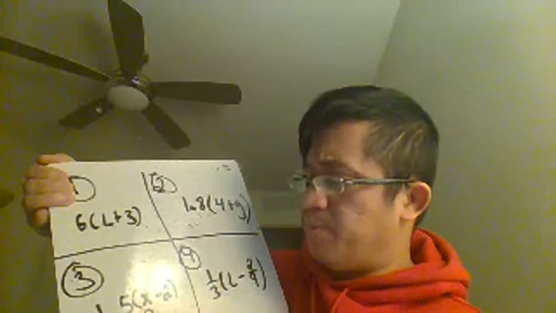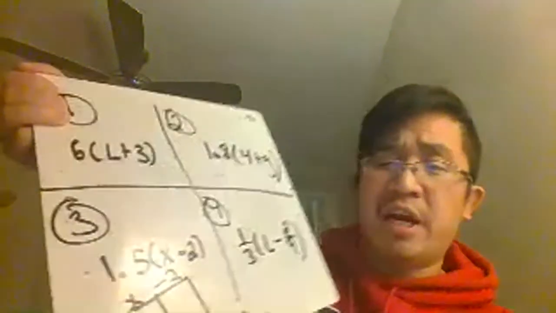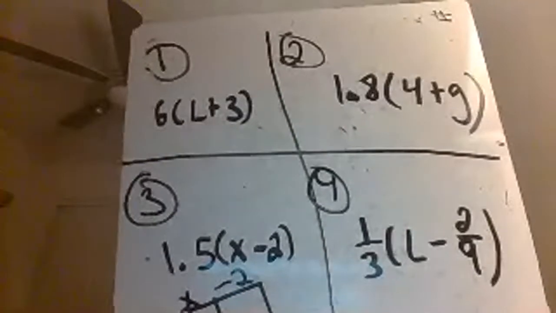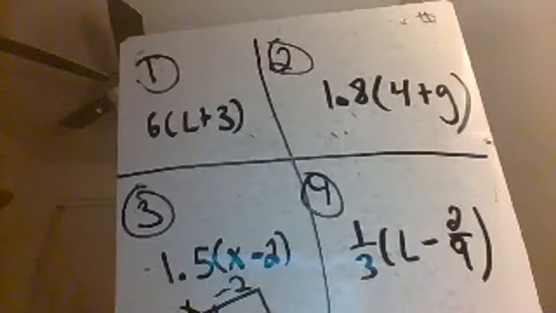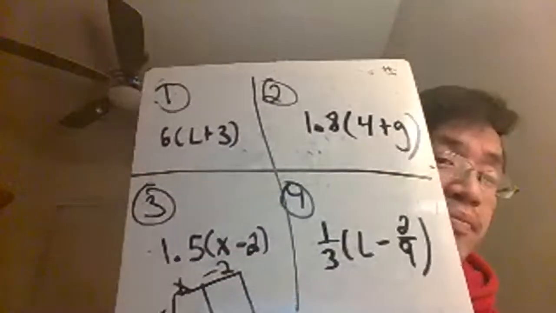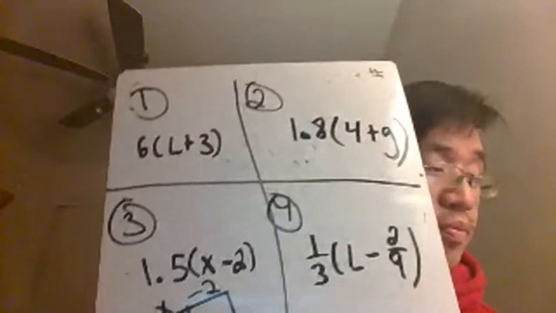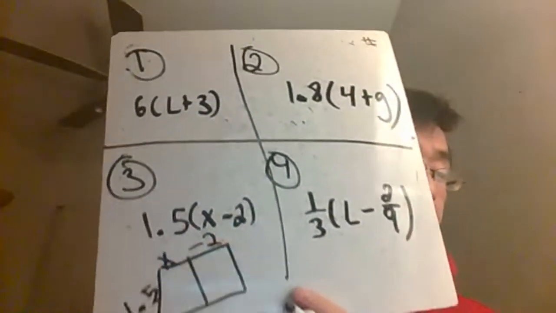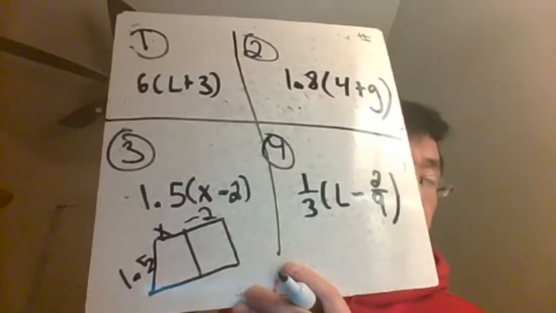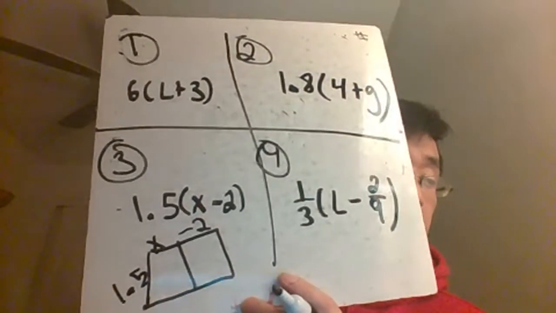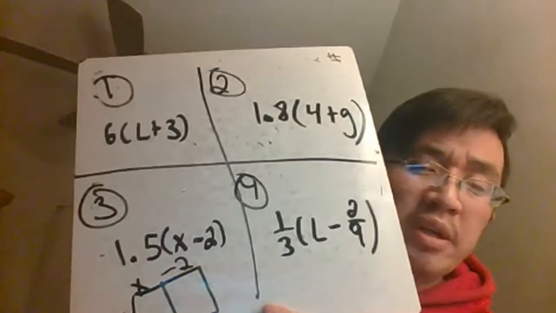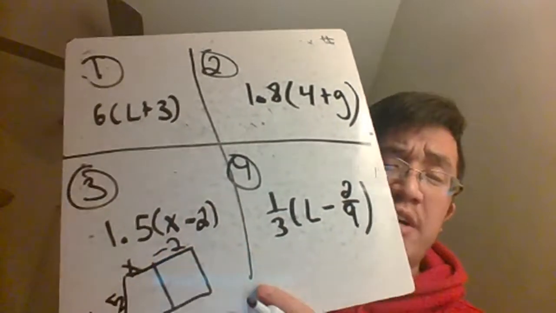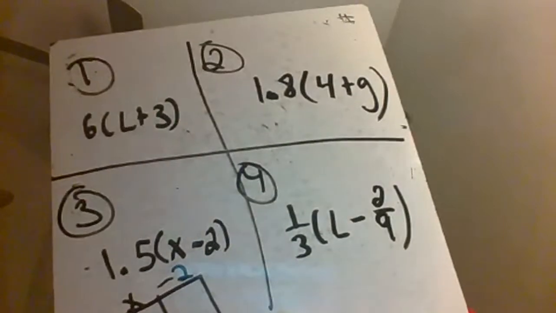What's outside the parentheses goes on the left-hand side, and you're finding the area. Press F in the chat room if you've copied this down. We'll go over these answers in a bit.